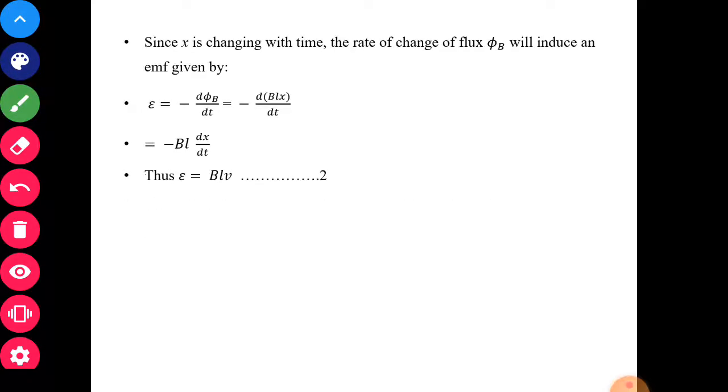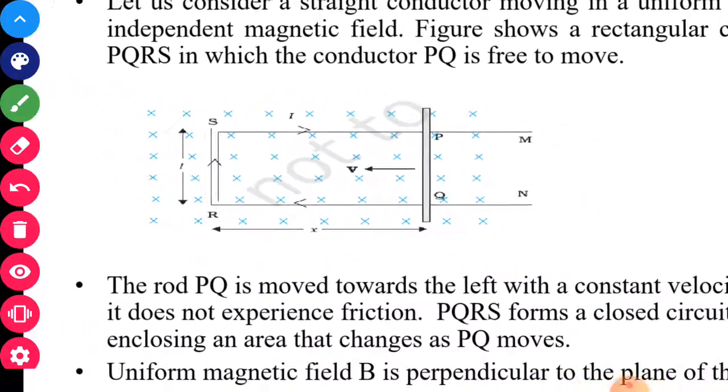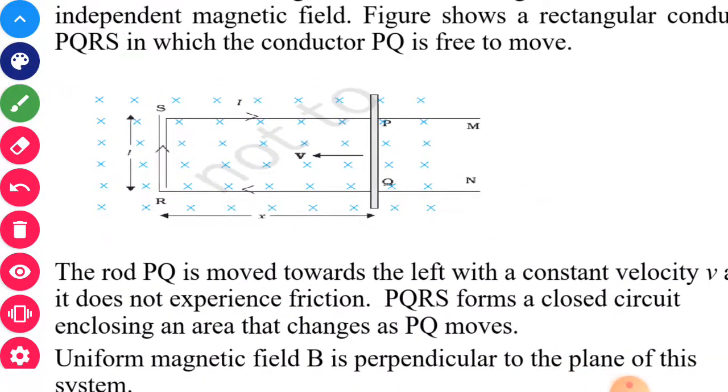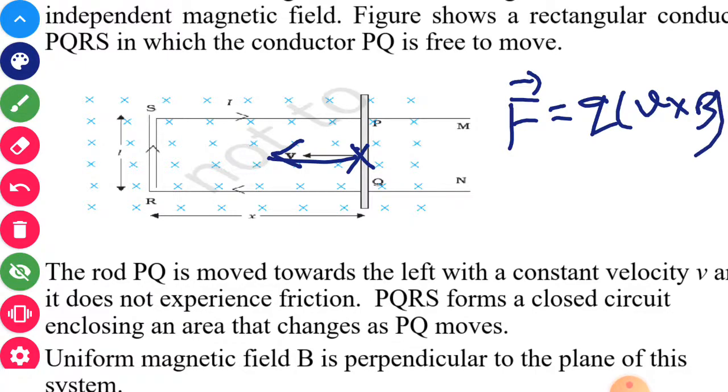In that figure you can understand that the velocity and the magnetic field, which is going into the plane, are perpendicular to each other. So if you want to find the force on the charge, it is Q, V cross B, but the angle between V and B is 90 degrees, so the magnitude of the force will be QVB.